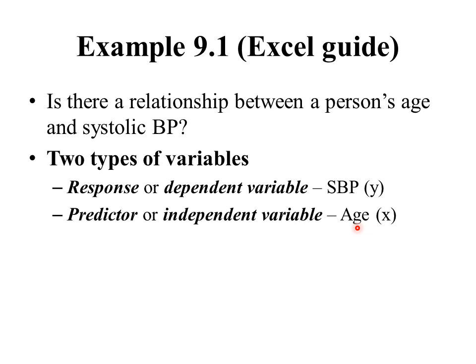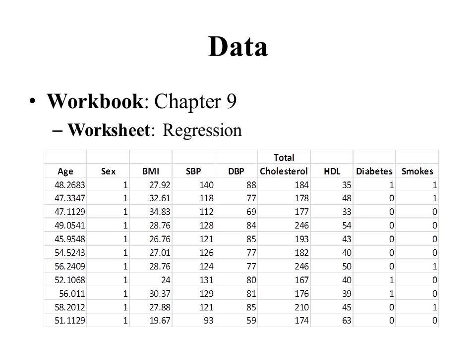We could also think of age as something that we're going to use to predict systolic blood pressure, hence the names. Dependent means that systolic blood pressure depends on age. Age we can think of as independent because we're assuming right now that nothing else is affecting age, and so it is not affected by systolic blood pressure.